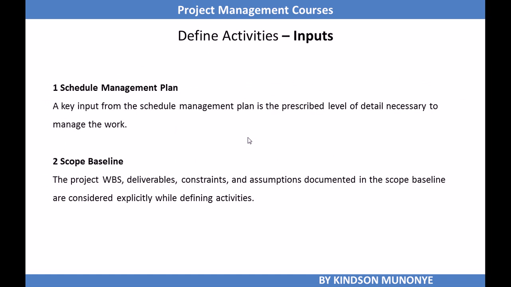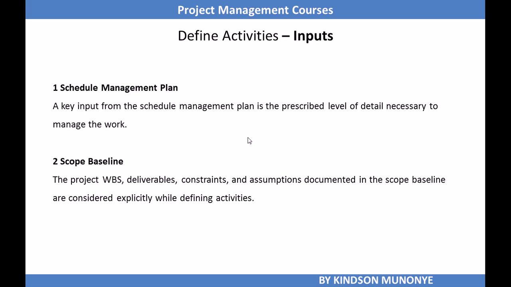Why do we need the schedule management plan to define activities? Because the schedule management plan gives the prescribed level of detail necessary to manage the work. What we are saying is that the schedule management plan gives the detail on how the activities will be defined, guidelines on how the activities will be defined.